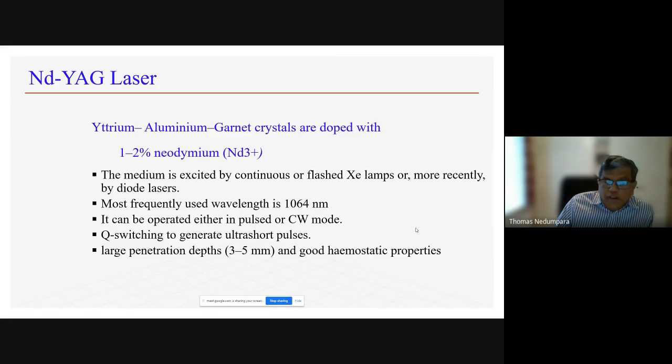The most common wavelength used is 1064 nanometer. It can be used in both pulsed or continuous wave mode. In order to get ultra short pulses, a process called Q switching is used. It has good penetration, up to 3.5 millimeter.